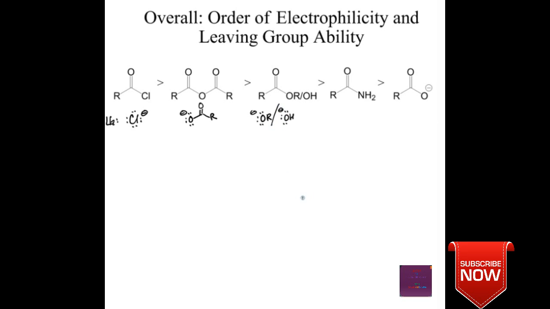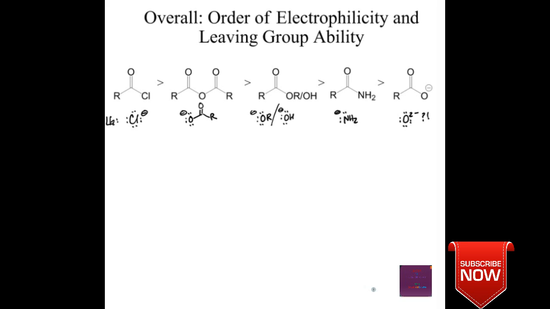Both are similar in their reactivity, very similar. Here we would have an NH2- leaving group. And what if we had a carboxylate itself as our electrophile, and we did a substitution, in other words, a nucleophile added into the carbonyl and kicked out this leaving group? What would the leaving group look like? I think it would be an O2-. That doesn't look like a very good leaving group.